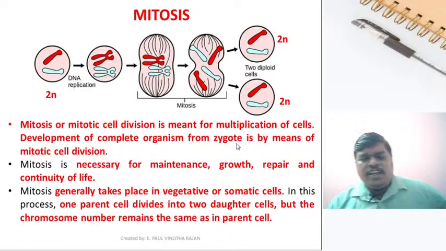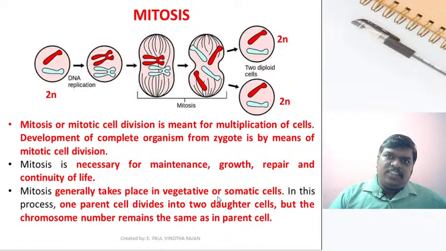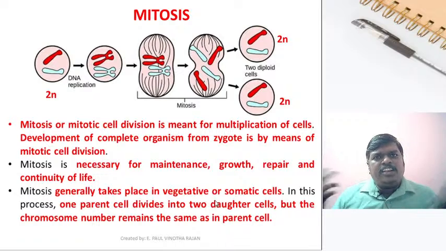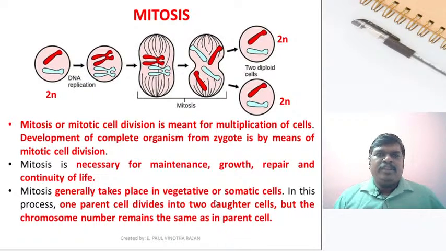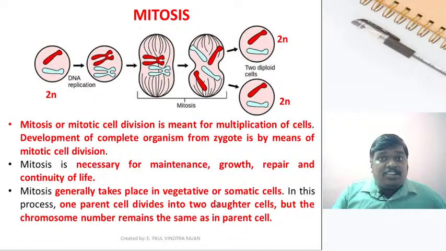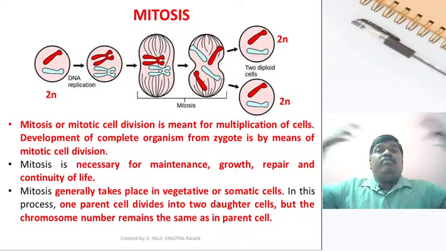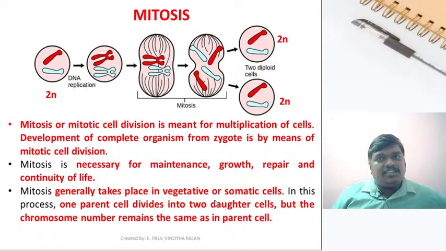The multiplication of cells that occurs in a body, the cells keep on multiplying, that process we call growth and development. Even the development of a zygote into a multicellular organism, we started life as a small diploid zygote, and from that we become a multicellular organism. That division itself is called mitotic cell division.